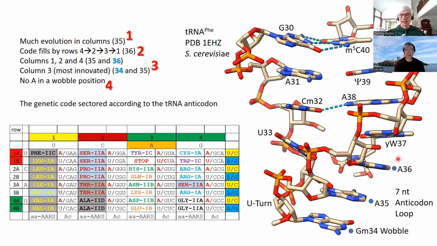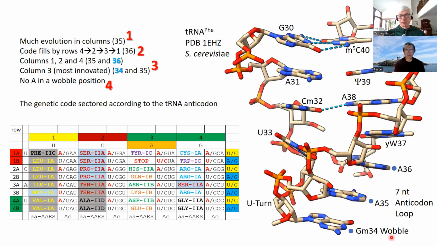Then you have a highly modified base here. And because this base is highly modified, it can't be part of the anticodon. So the anticodon can't be 4 bases, it has to be 3 bases. So this helps to keep the frame for translation. But in addition to that, this highly modified base is part of the reading of this 36 base.